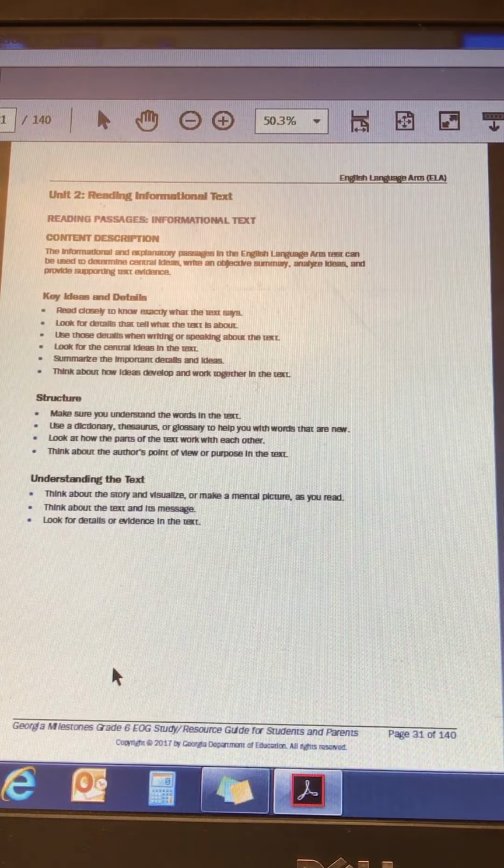All right, now Unit 2, reading informational text. That starts on page 31 and goes through page 36. Now these test questions are usually based on nonfiction text. So students need to be able to determine central ideas, write a summary based on facts, analyze or break down ideas, and again, cite evidence, which is where they prove their answers based on evidence that they found directly in the text.